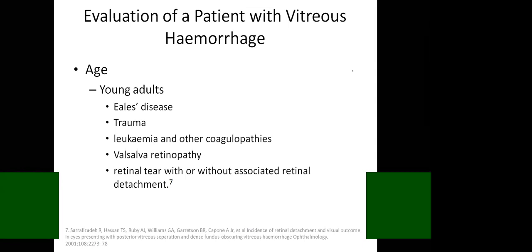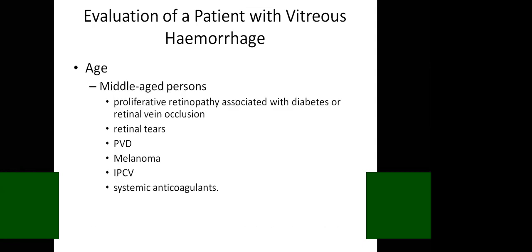So trauma, leukemia and coagulopathy, Valsalva retinopathy, and retinal breaks with or without RD can also cause vitreous hemorrhage when they involve a retinal vessel. So in middle-aged persons, you want to think of proliferative retinopathies, either vein occlusions or diabetes. You want to think of retinal tears, probably induced by a PVD.